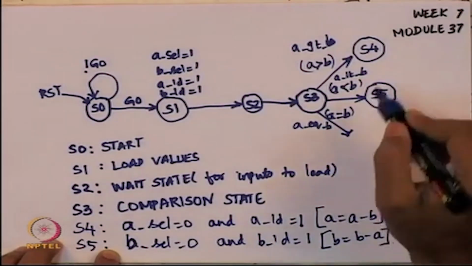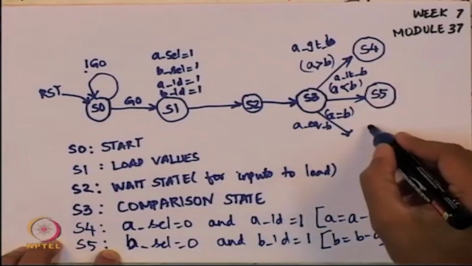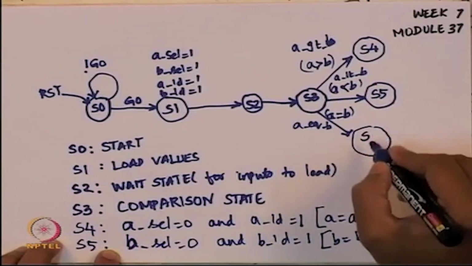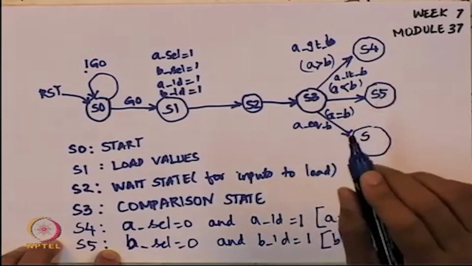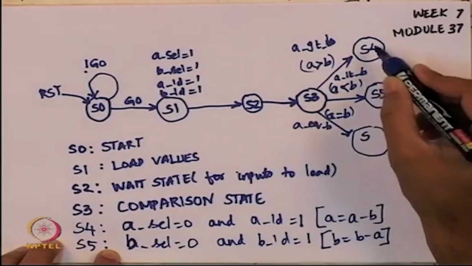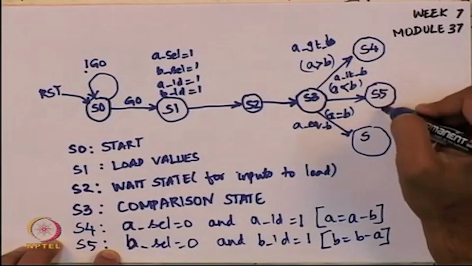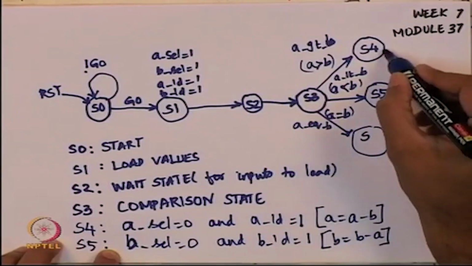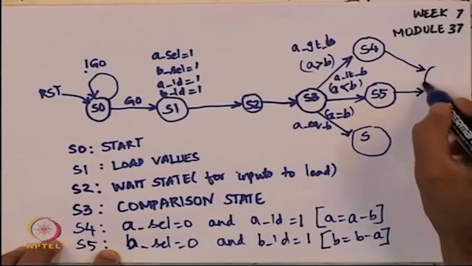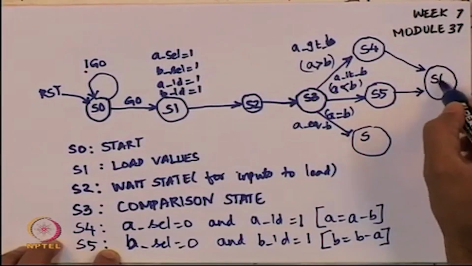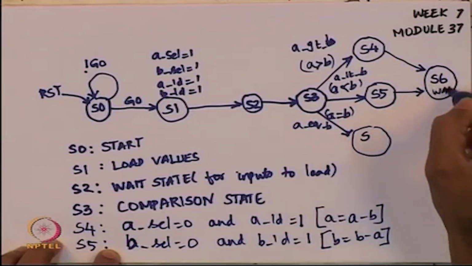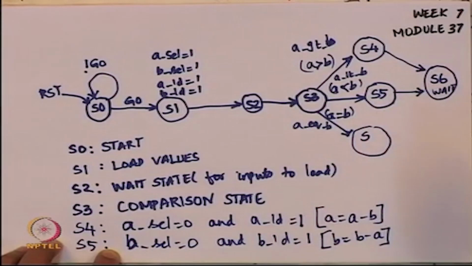And once these things happen, we can have another state where everything seems to be done. Whether A is greater than B or B is greater than A, either way, since the results are coming from the subtractor, I am going to go to a new state and wait so that all the values get to the proper registers.